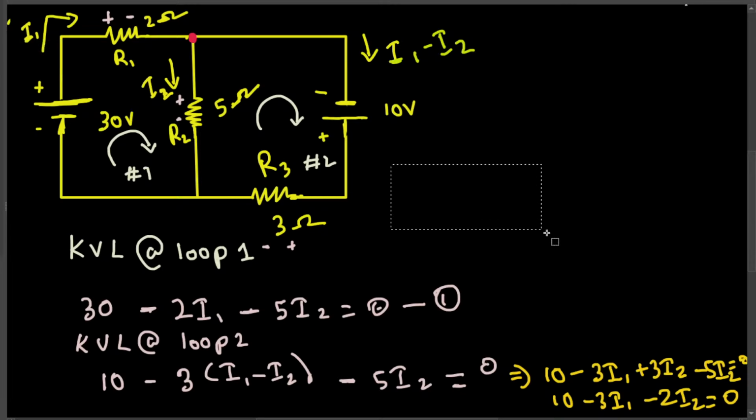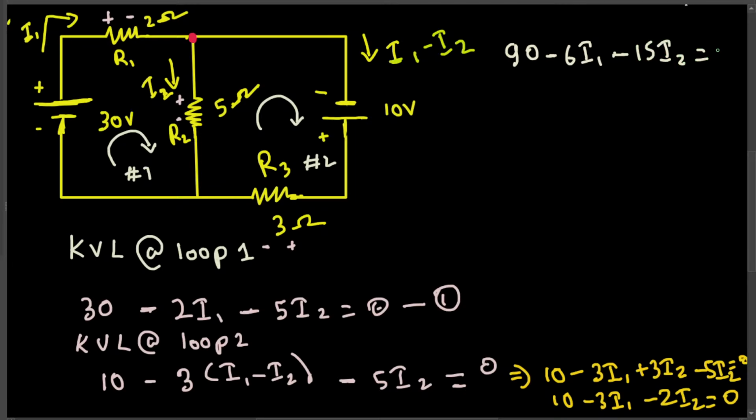Okay, so let's bring the equation 1 here. Here what we can do is multiply this one with positive 3. If I do that, this is going to be 90 minus 6 I1, and this is going to be 15 I2, that is equal to 0.